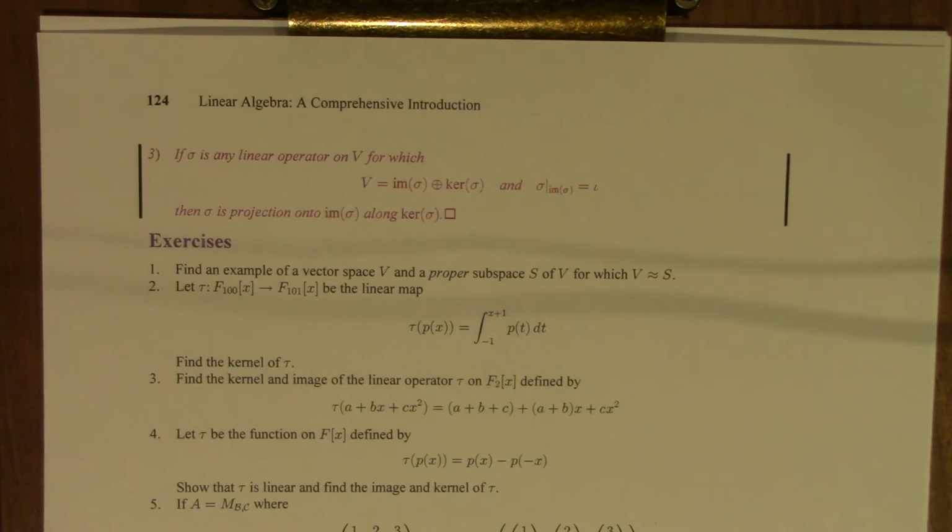Okay, so I suggest that you spend some time trying to prove these results and then not worry about it too much. It's going to be a while before we get back to these kinds of projections.